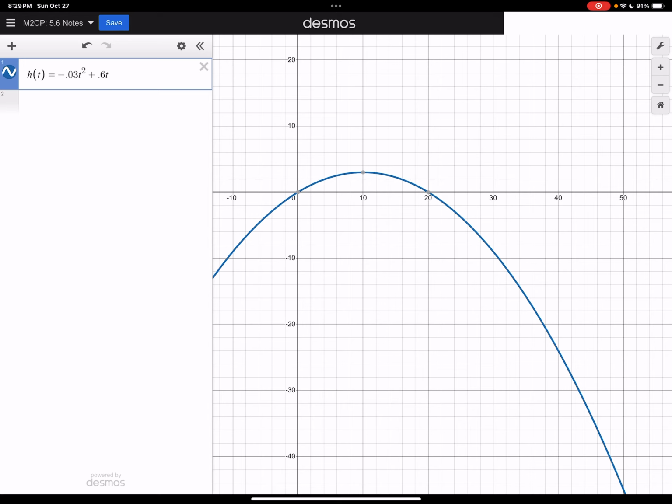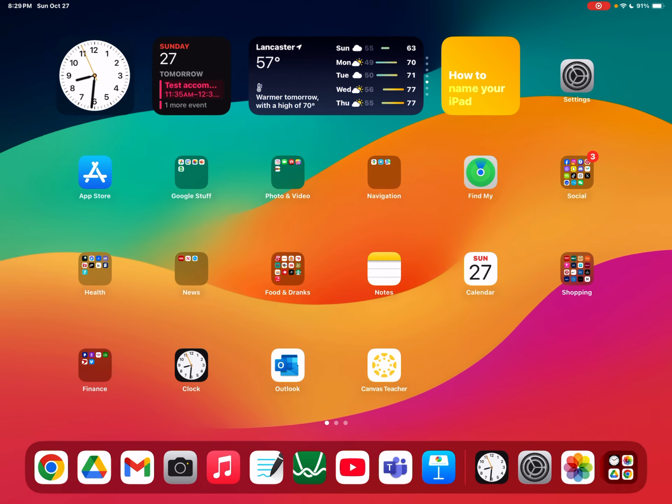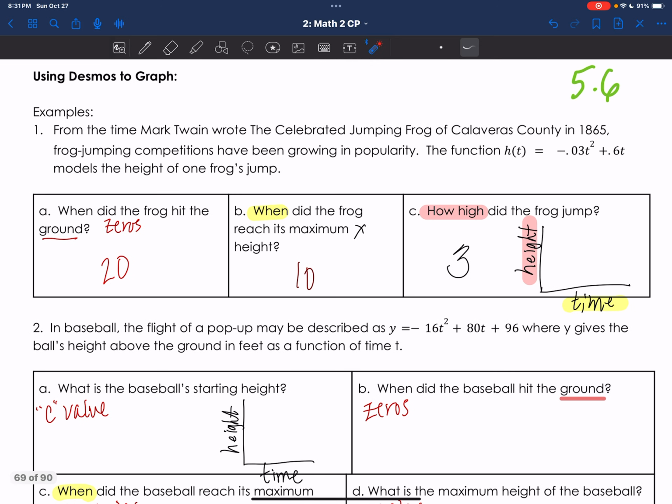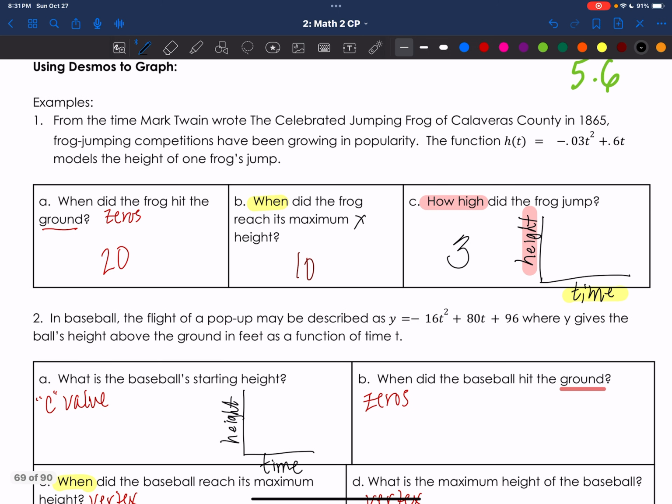Once you type in your equation, just like I highlighted the problems on the last one, you're going to touch some of those important points. So we've got 20, we've got 10 comma 3, and that's your 0, that's your starting point. Once you analyze those points, we know the vertex was 10, 3. It says, when did the frog reach its maximum height? So when is your x value.